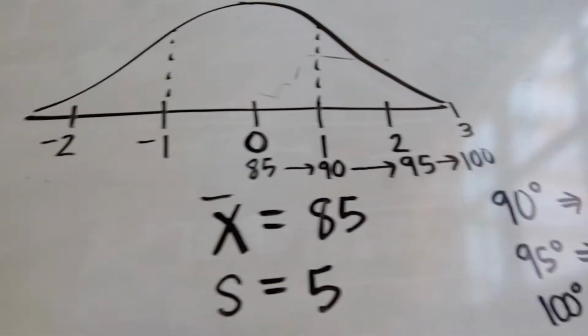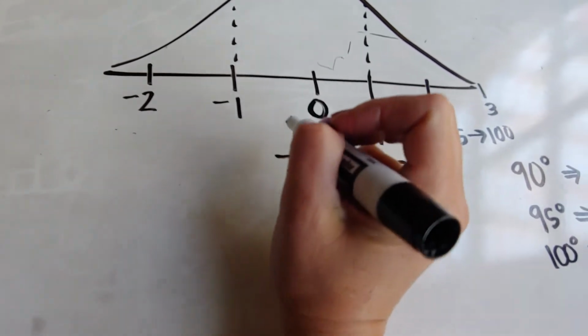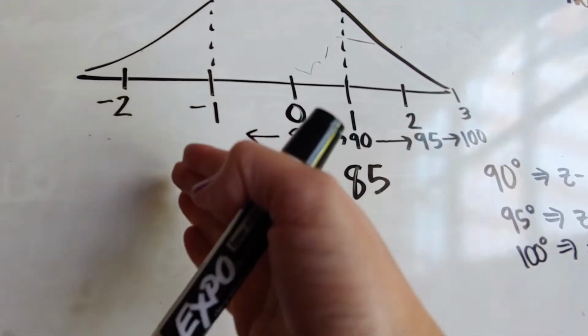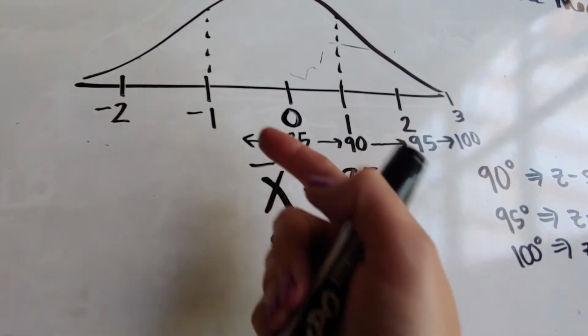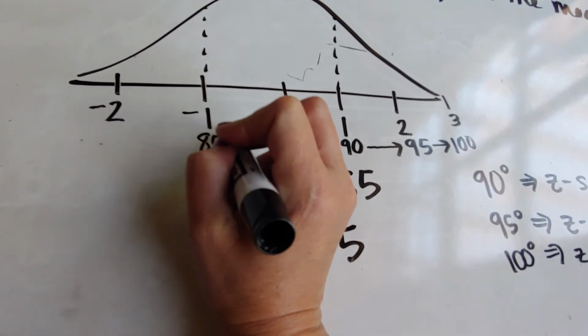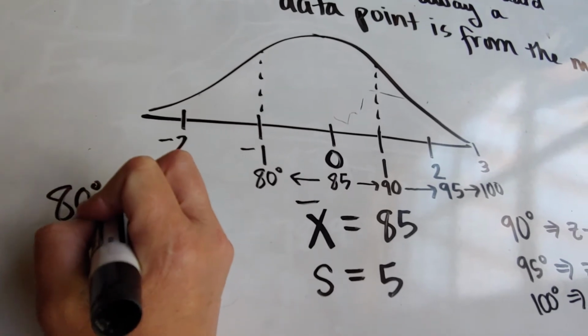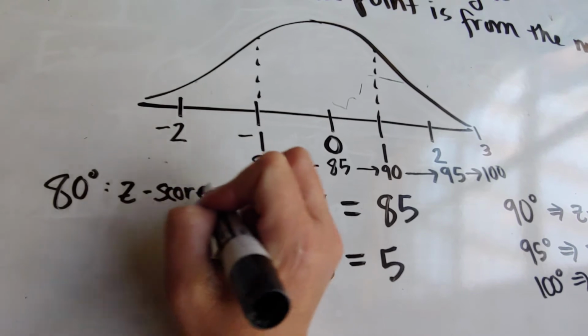Okay, now, it sounds weird to talk about negatives here, but we do talk about negative z-scores, because a negative z-score is saying that it's below the mean. We're not saying we have a negative temperature, we're just saying that if I were to subtract 5 degrees, I'd have 80. So a temperature of 80 degrees relates to a z-score of -1.